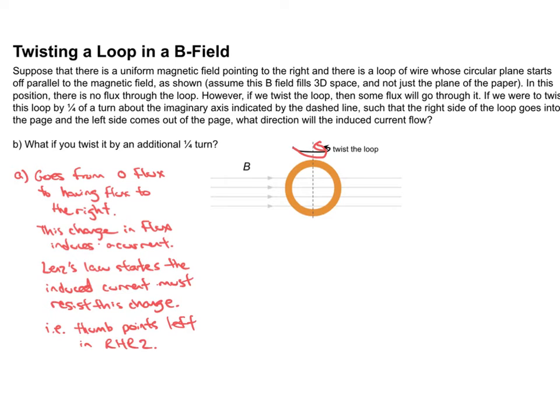So if my thumb points left, so I have to imagine this has been twisted by a quarter turn, and I have my thumb pointing left, then my fingers are going to wrap around so that the current will go into the page.